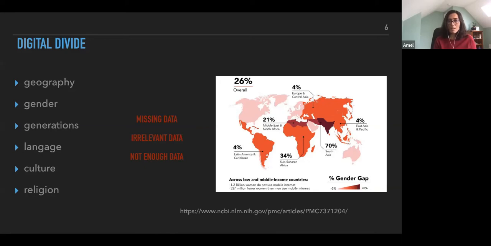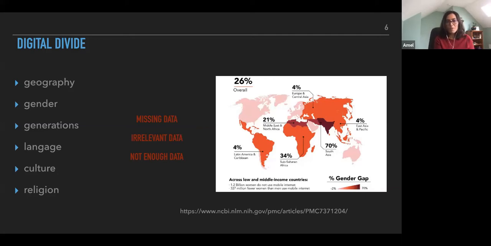We also access and interact differently with technologies based on gender and also generations. And this map here shows the percentage of women accessing mobile internet across the world, and we can clearly see that percentages are lower in low and middle income countries.